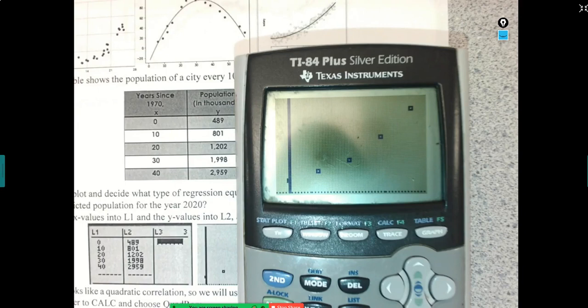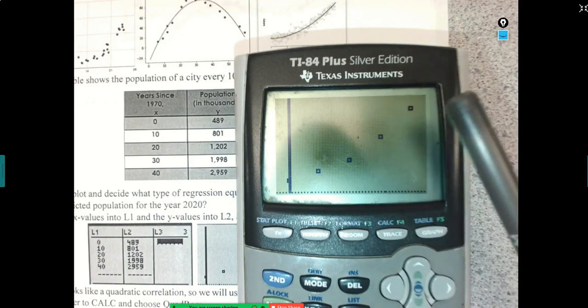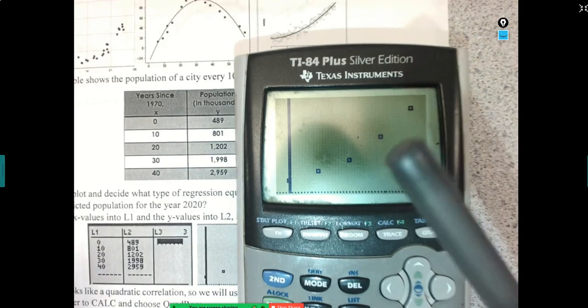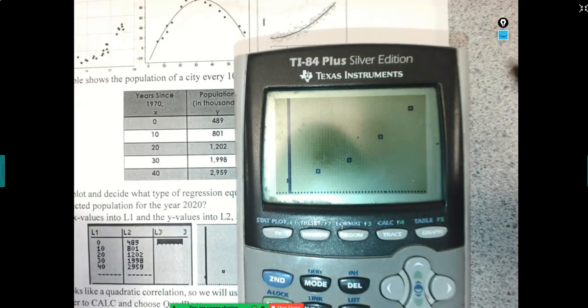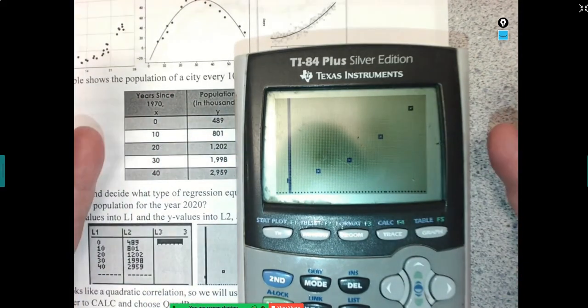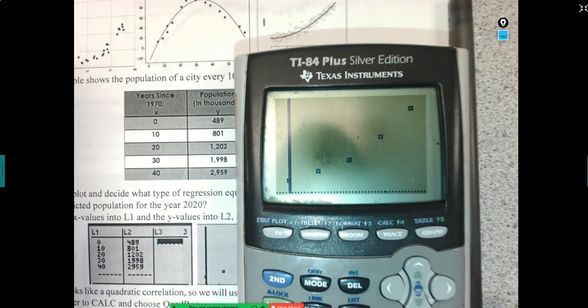Okay, so it's not going to be a domino effect where if you make a mistake like this at the beginning, then everything after that is wrong. Okay, but they want you to look at that and say that it does look like a quadratic. So that's what we're going to use. We're going to use quadratic regression.